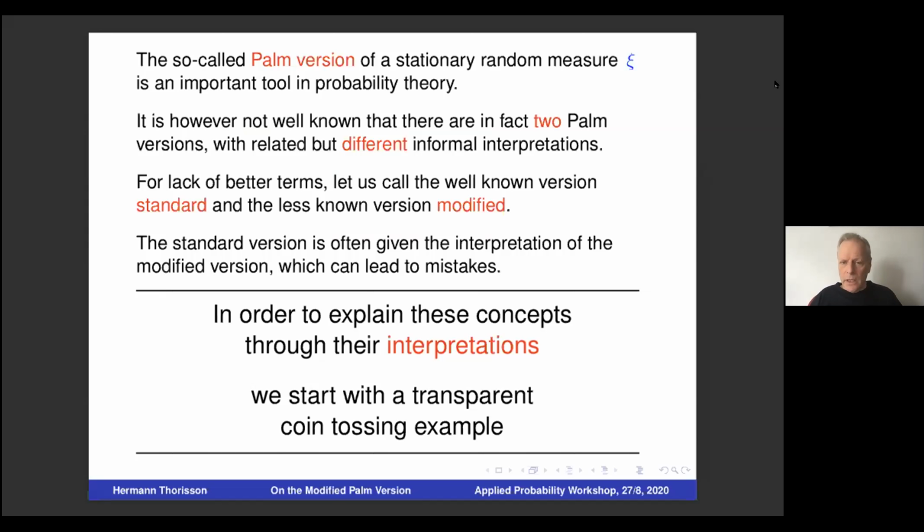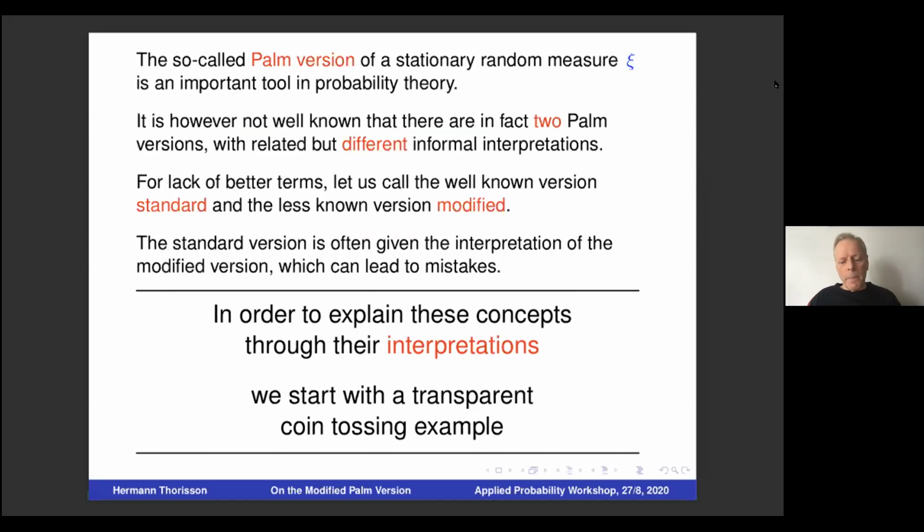A stationary point process is what he started with. Well, it's actually more general than stationary theory, but I'm going to concentrate on the stationary theory.